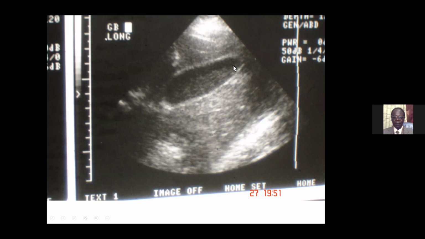So the gallbladder will store the bile, but cannot contract after meals. So the bile salts start depositing, and they form what we call biliary sludge, which eventually with time will become harder and form stones. So this is what we are seeing here. The diagnosis here is biliary sludge secondary to chronic cholecystitis, and we can see a calcified gallbladder wall.